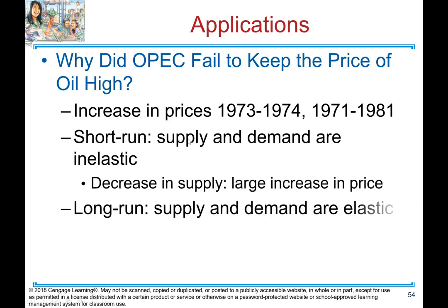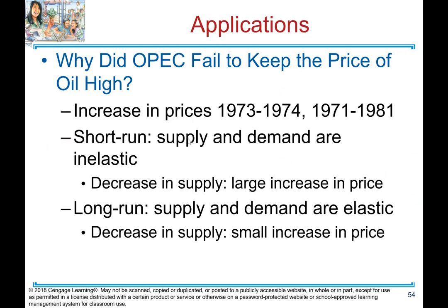Another application: why did OPEC fail to keep the price of oil high? Increase in prices in 1973-74 and 1971 to 1981. In the short run, supply and demand are relatively inelastic. A decrease in supply will lead to a large increase in price.